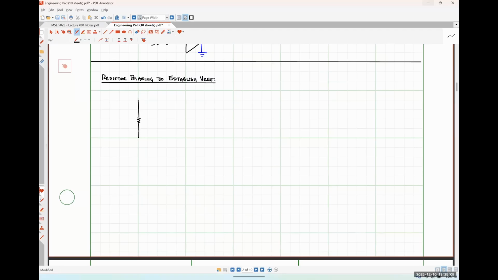So I've got some resistor R1 connected in series with VCC plus. In this branch, I'm going to have some resistor R2 in series with VCC minus.